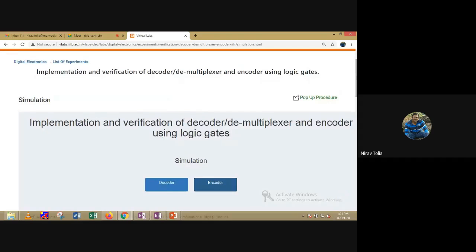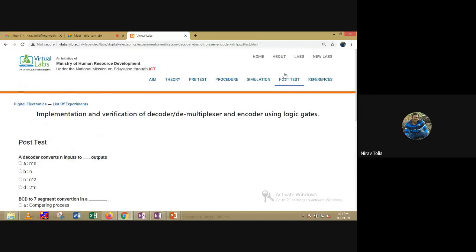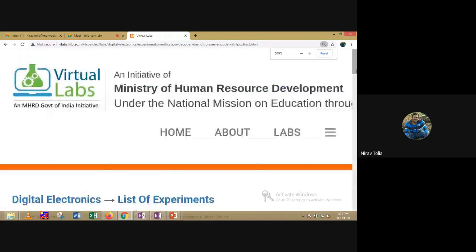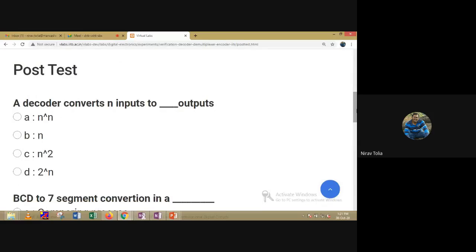So let's move to the post test. The first question: a decoder converts n inputs to how many outputs?